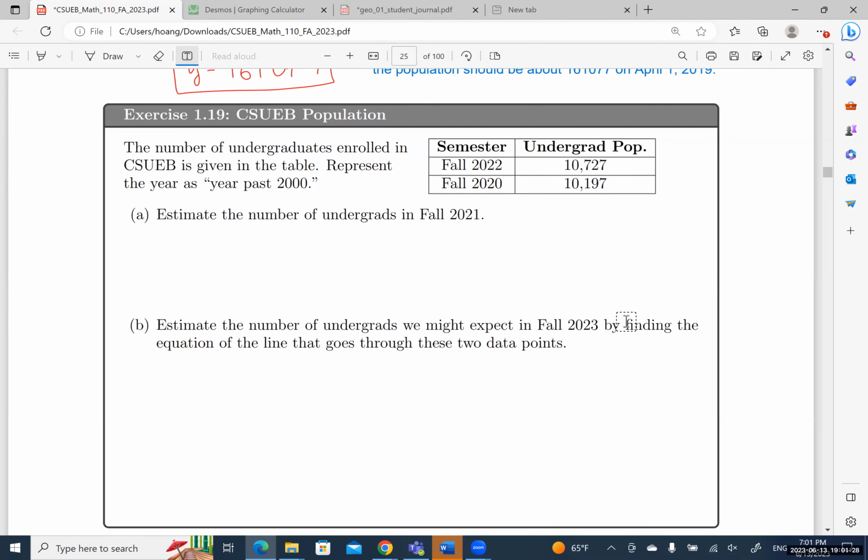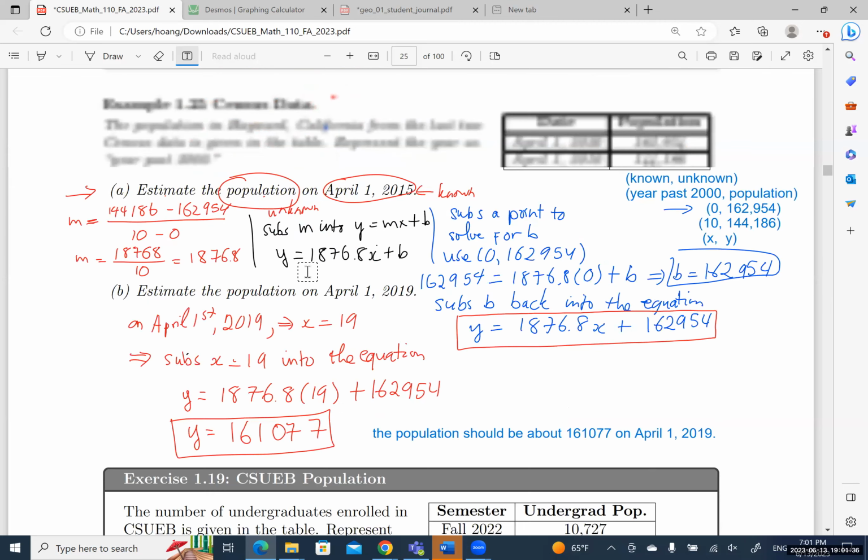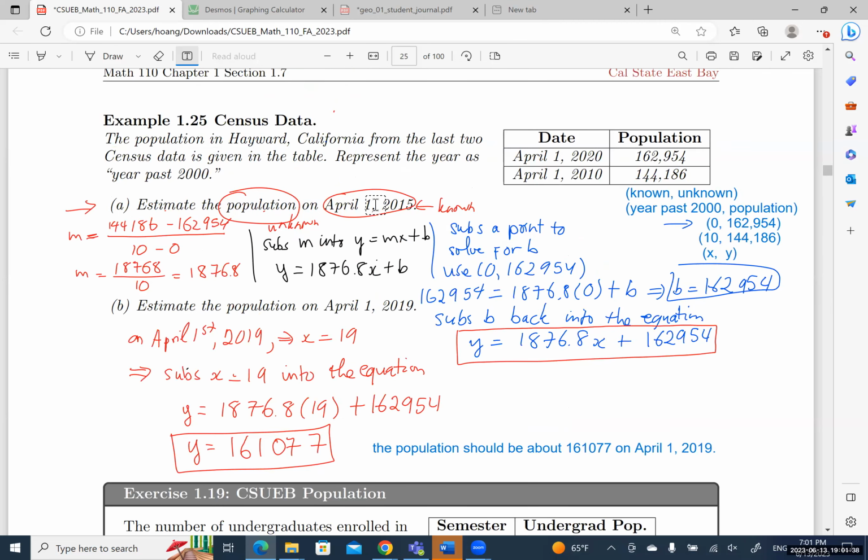The answer key for, oh, I think I forgot to do this one.